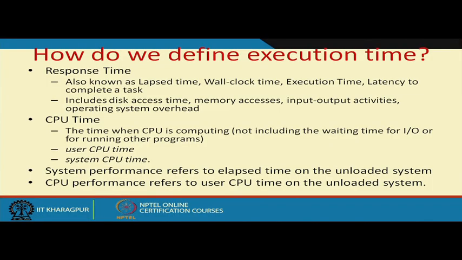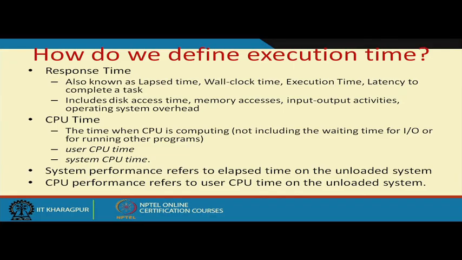Then within the computing devices, you have a CPU, the central processing unit, and this is the main part for making the computations happen. So, the CPU time is a major part of your response time.